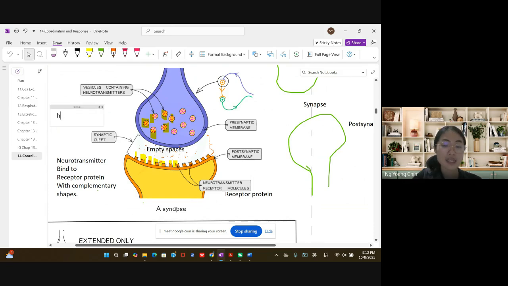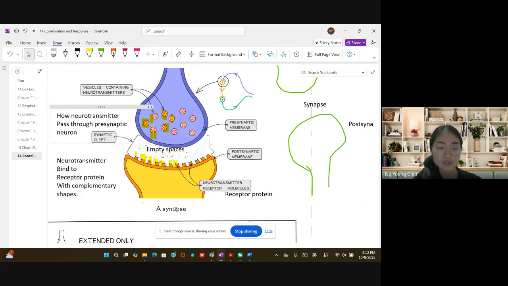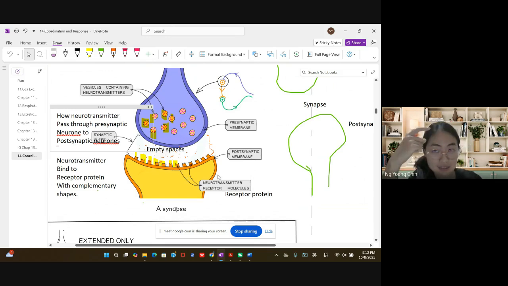The question is how the neurotransmitter passes from the pre-synaptic neuron to the post-synaptic neuron. Do you want to have a guess how the neurotransmitter can pass through this synapse and get to the receptor proteins? Is it active transport, osmosis, or simple diffusion? Which one?